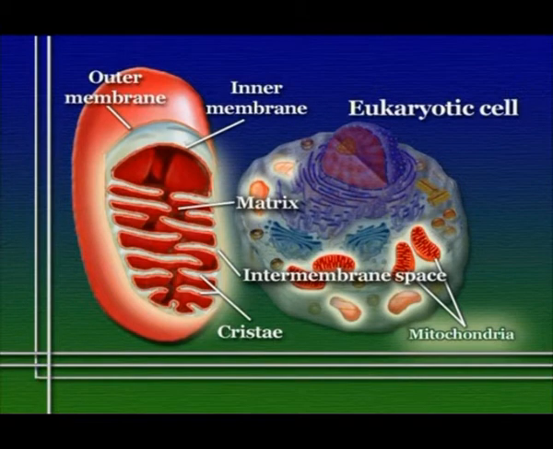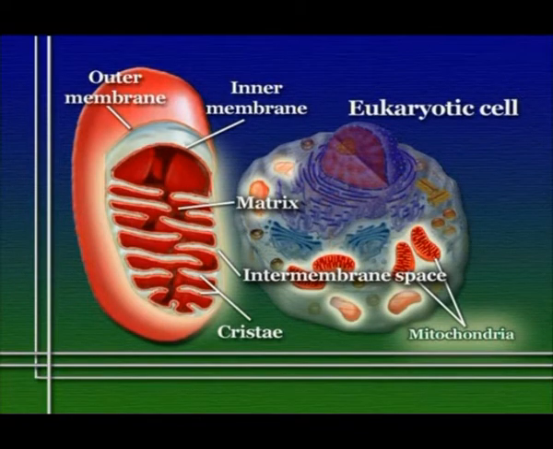Now, given this background on the structure of the mitochondrion, let's get back to asking where the processes associated with cellular respiration occur. The enzymes associated with the Krebs cycle are located on the inside of the matrix.